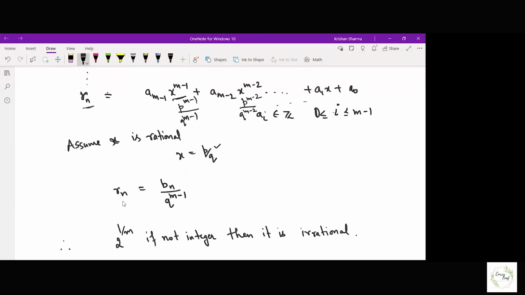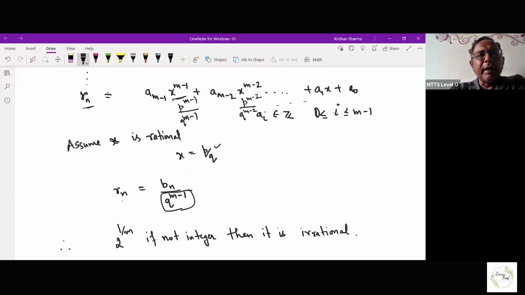So here, if we take the LCM as q to the power m minus 1, then we can make every other term some integer divided by q to the power m minus 1, because their denominators are the lesser power of q. Yes, correct, correct.